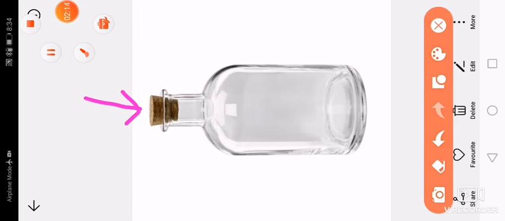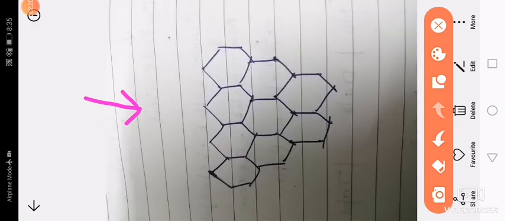Robert Hooke observed this cork under his microscope, and what he observed was a structure like this: various hexagonal units repeating themselves. So for the first time, someone discovered that living things are made up of separate units.